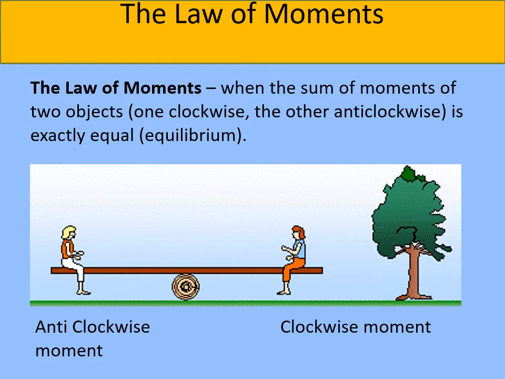That means that the seesaw is in equilibrium, and it means that the sum of the clockwise moments is equal to the sum of the anti-clockwise moments. The girl with the yellow hair is providing the turning effect in the anti-clockwise direction, and the girl with the red hair is providing a turning effect or moment in the clockwise direction.